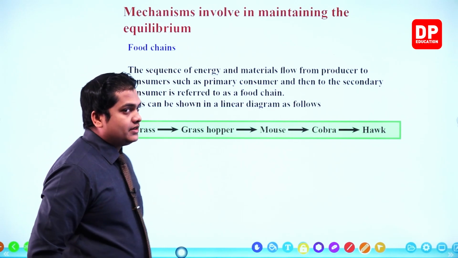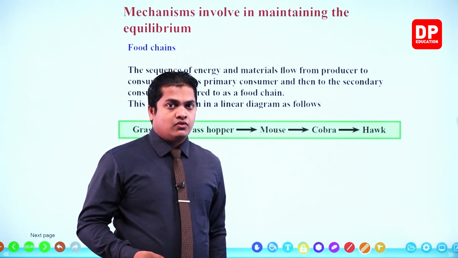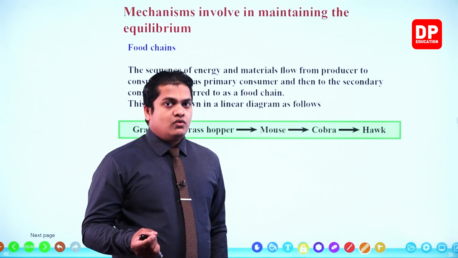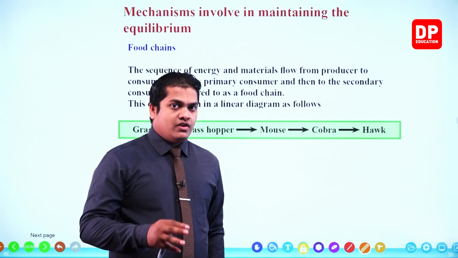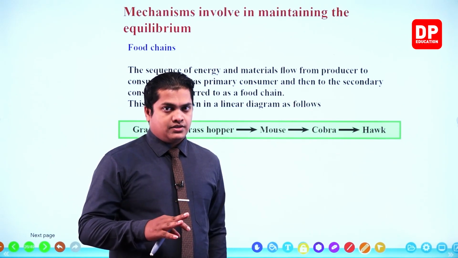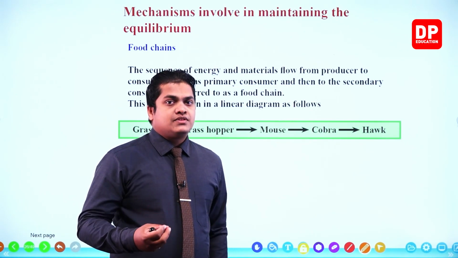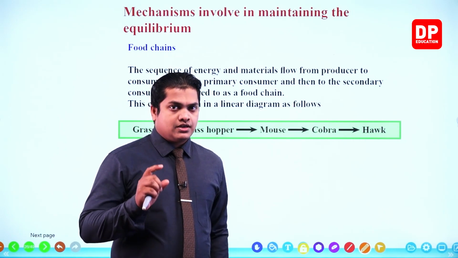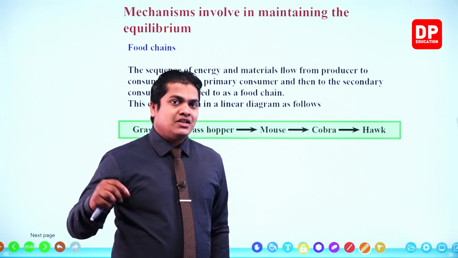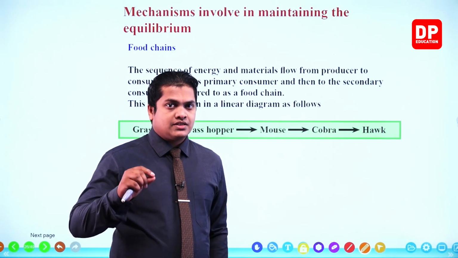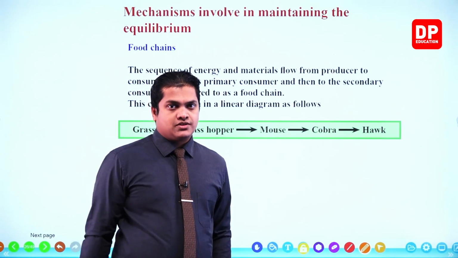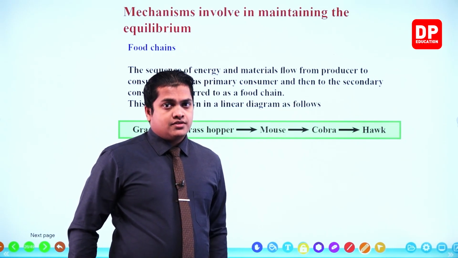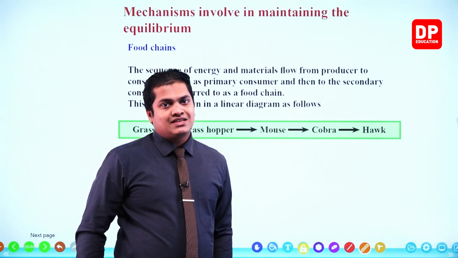So my dear children, can you remember we discussed the food webs? So this is a food chain. A food web and a food chain are two different things. Even though food webs contain different kinds of food chains, a food chain only shows how the energy is being transferred from one particular organism to another, from producer to consumers. By the collection of a large number of food chains, a food web is created.